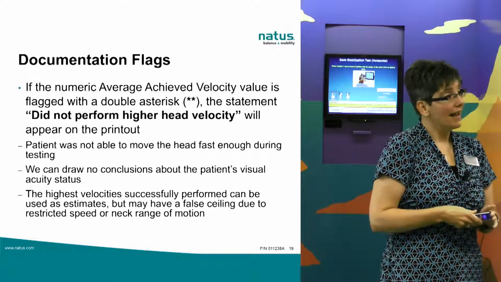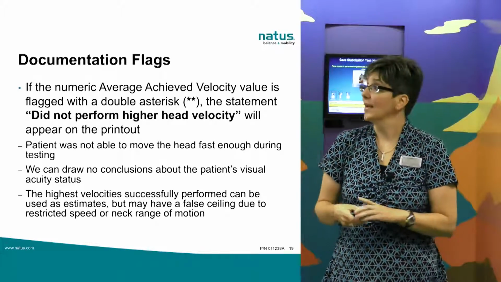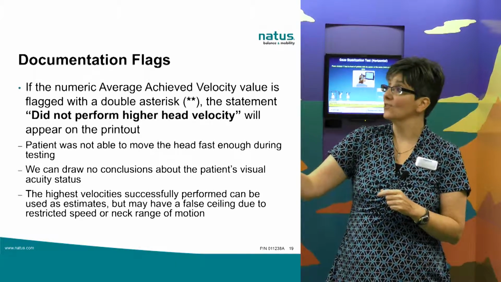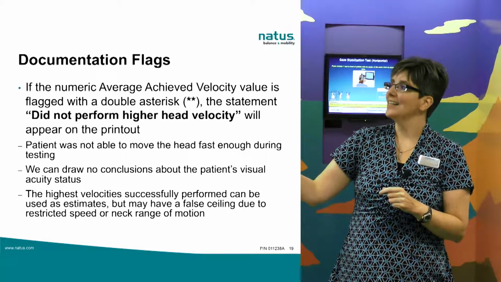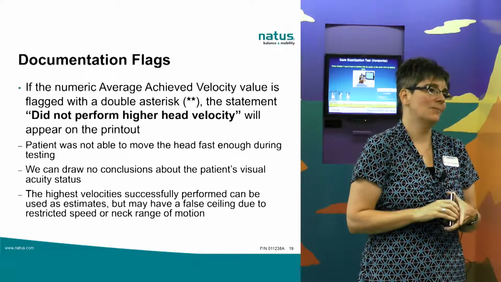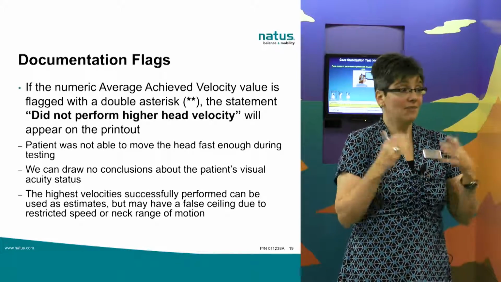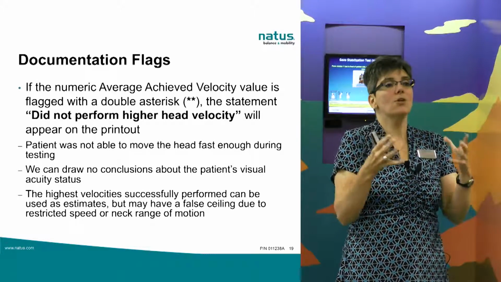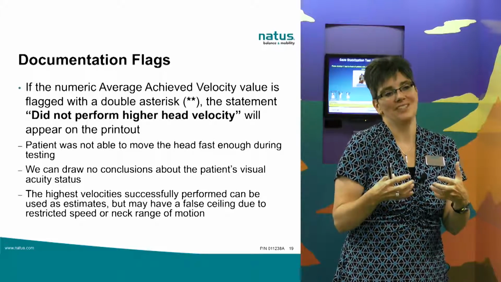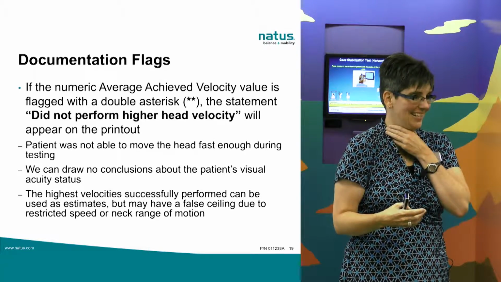You'll get some red flags on your reports if the patient got those Fs. Did not perform higher head velocity will appear on your report, and at that point you don't know the patient's true VOR limitation. All you know is their cervical limitation.